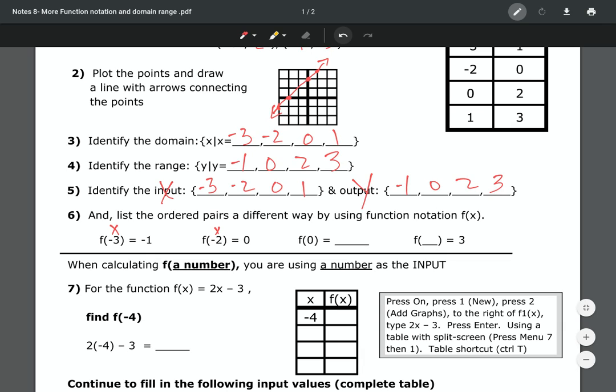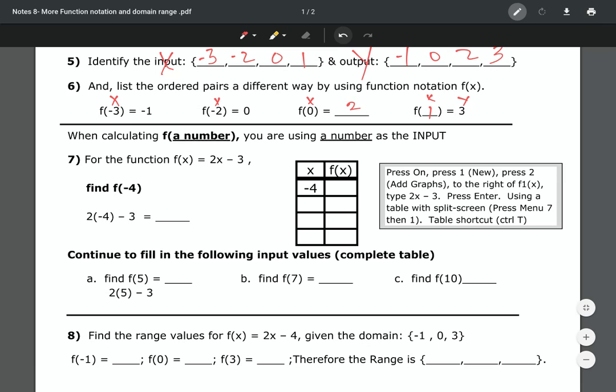So that's your x value, so it'd be -2, 0. Then if x is 0, your y value according to the table is 2. And now if your y value right here is 3, your x value would be 1 from the table. So that's how we can identify those.